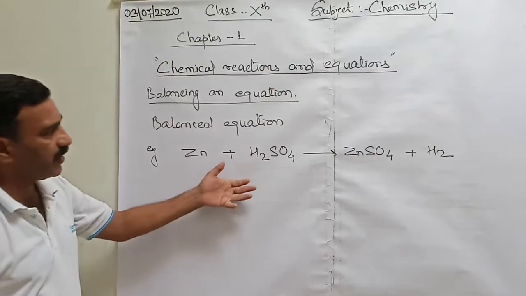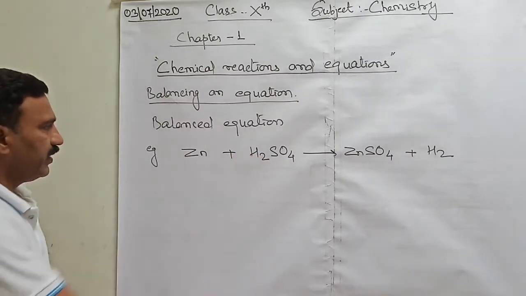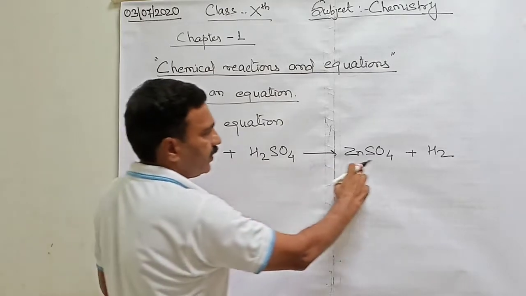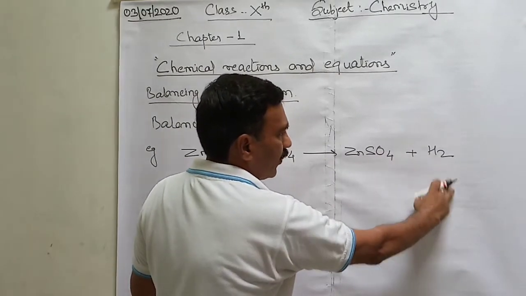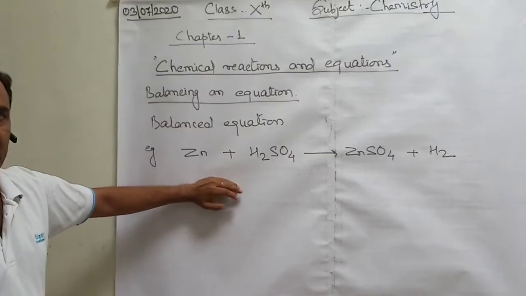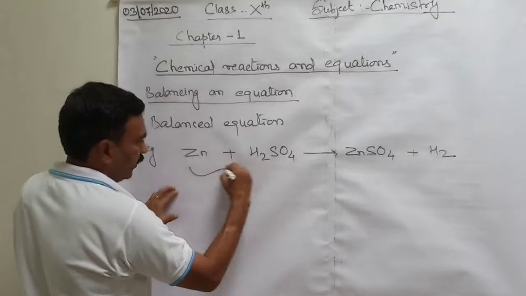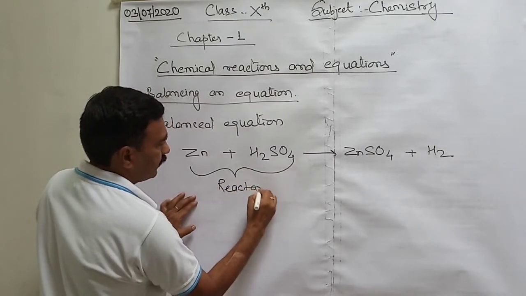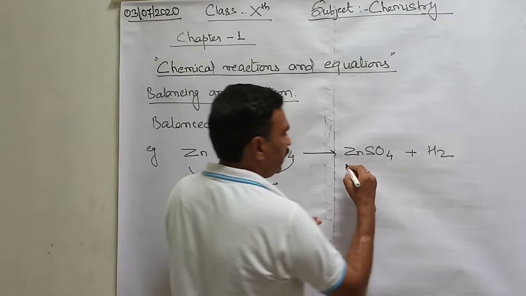Now let me explain this on the basis of an example. Just consider the example of this given reaction: zinc plus H2SO4 gives ZnSO4. This is the reactant side, reactants, and these are the products.